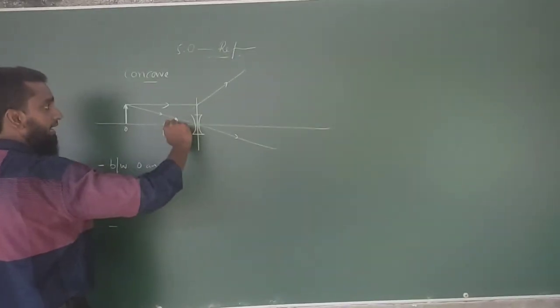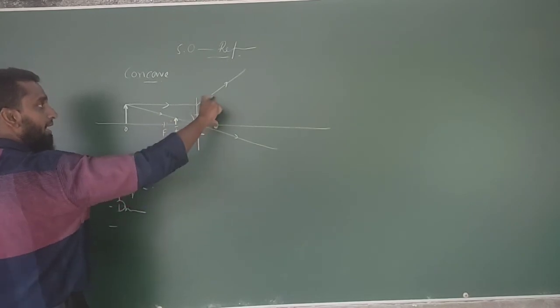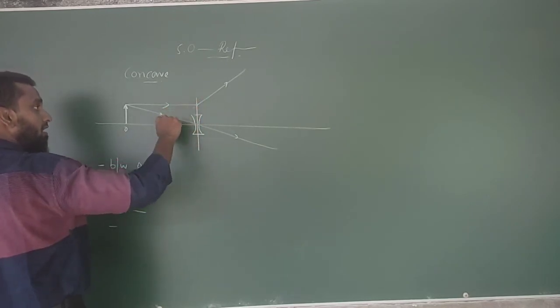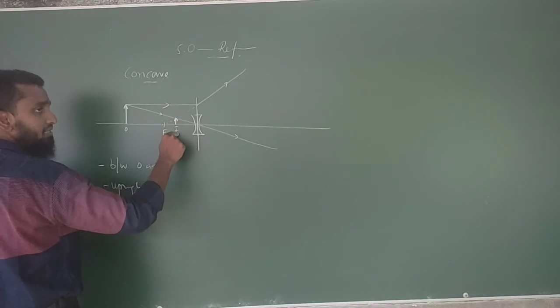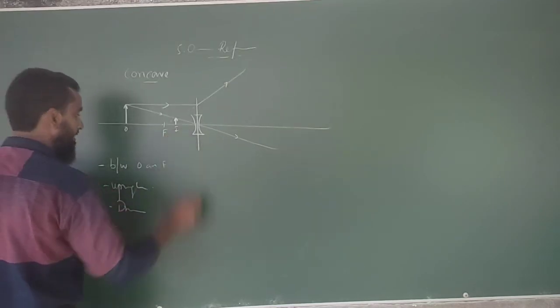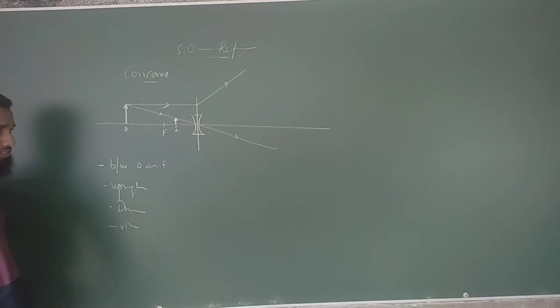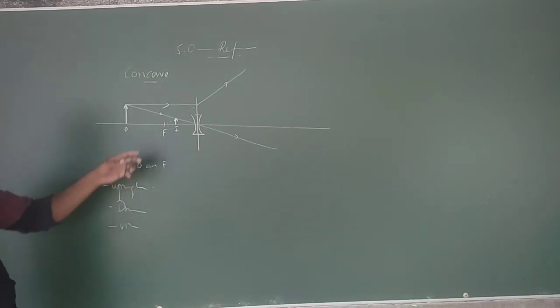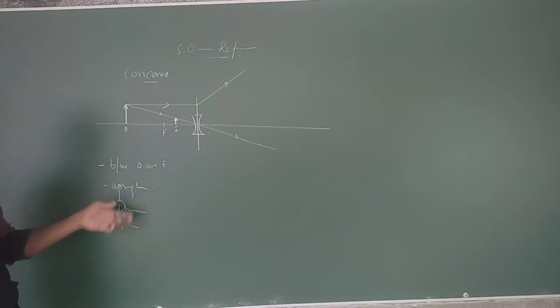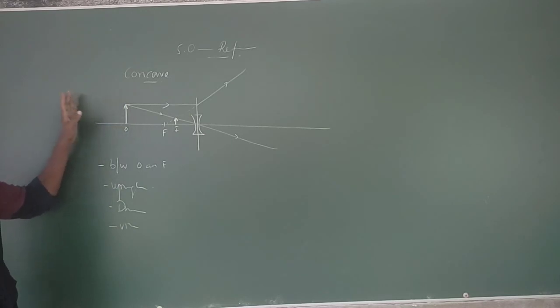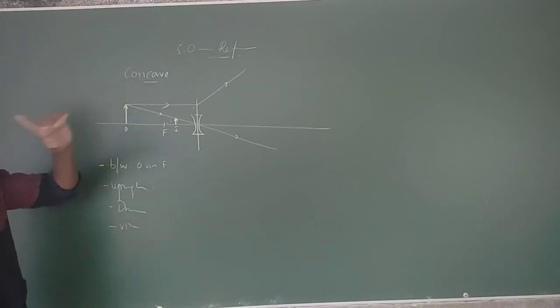This is the image we have obtained by imagining that these two lines are joining here. Then this image is not real, this is a virtual image, right? If you keep this object anywhere, you are going to get the same characters. Therefore, you have only one ray diagram for concave lens.